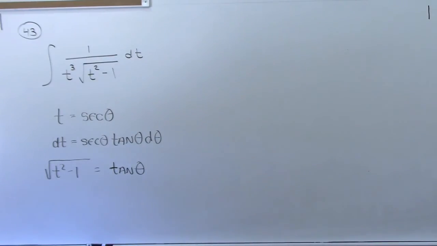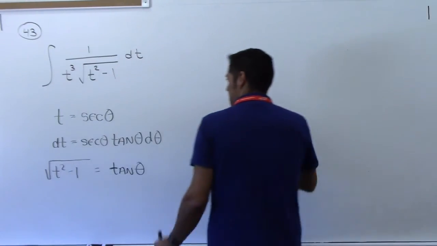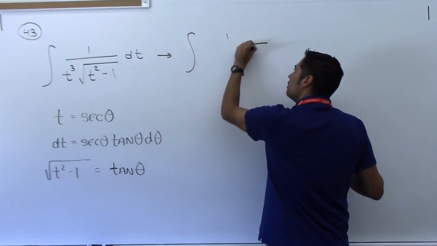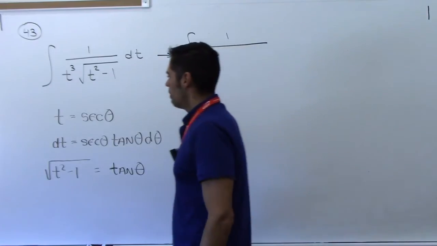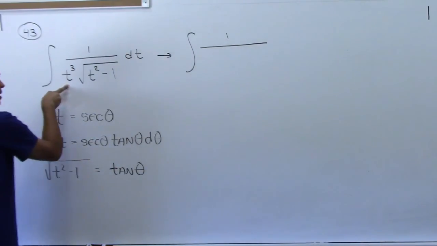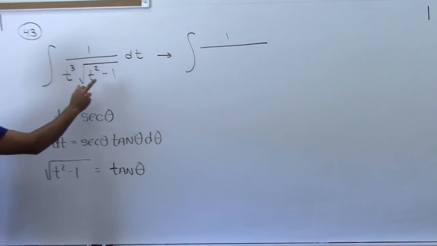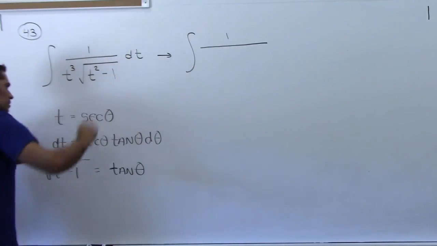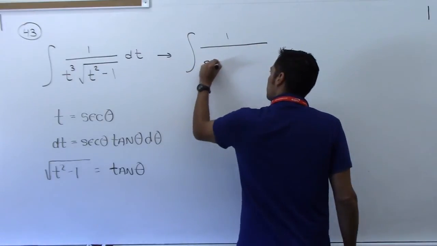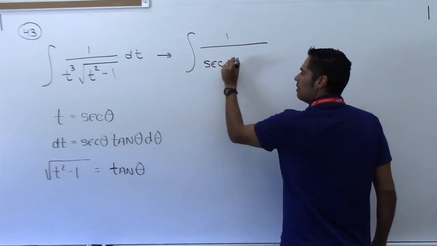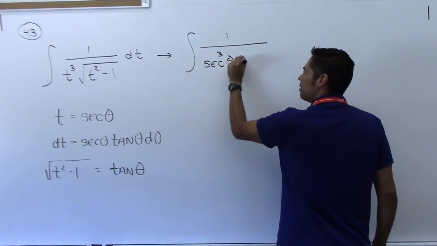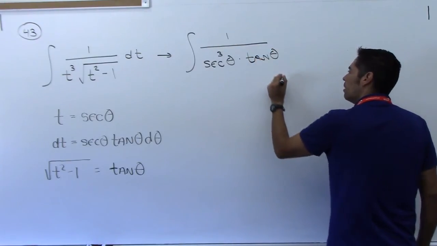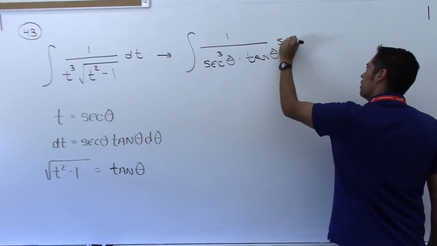Yeah. All right. Rewrite everything, right? 1 over secant cubed theta times tangent theta times secant tangent. We'll leave you with 1 over secant squared. You're going to have 1 over secant squared.